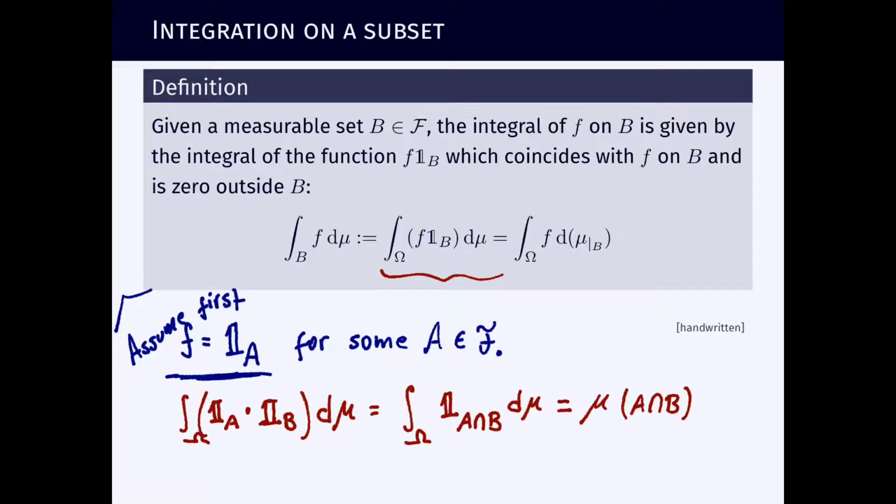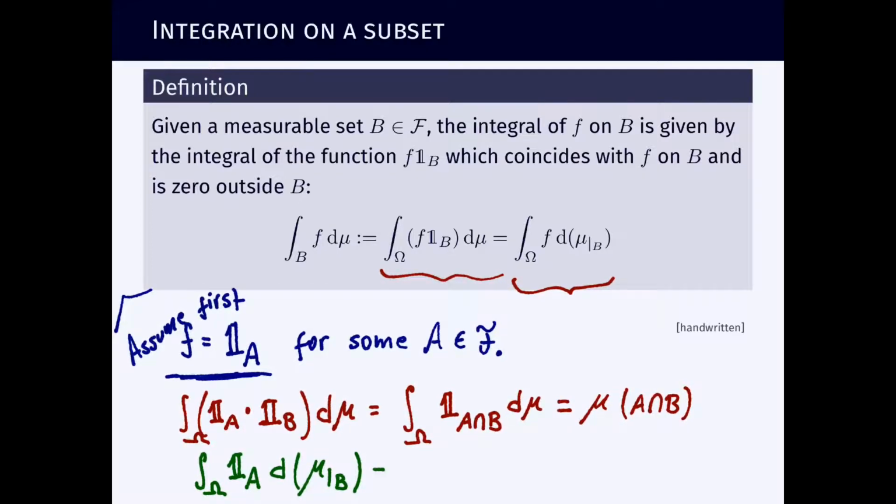And now all we need to do is expand the second integral and see that we get exactly the same thing. And how do we expand the second integral? Well, it's the integral over omega of this function f, which we are assuming is the indicator of some event A, against the measure, not mu, but rather the restriction of mu to the set B. We can see the definition of restriction of a measure in chapter 2 of the lecture notes.